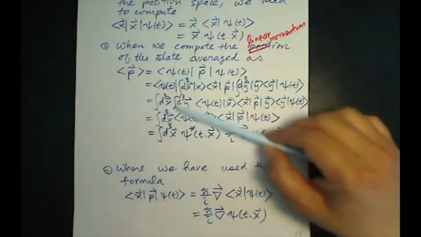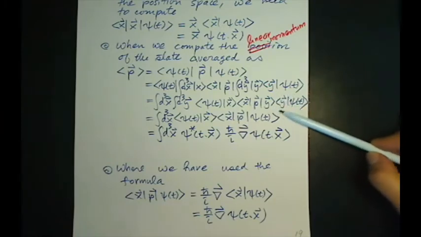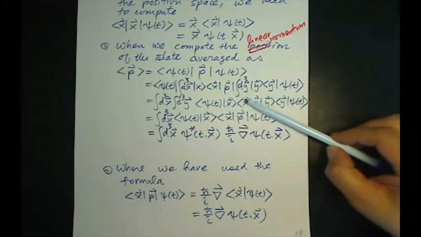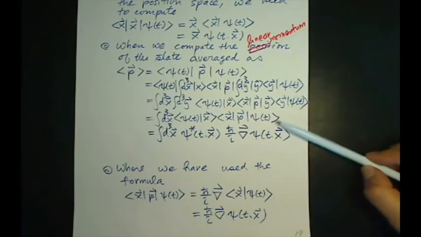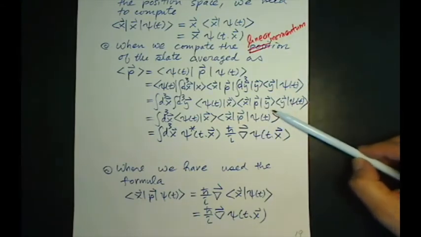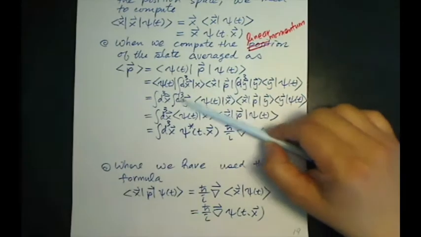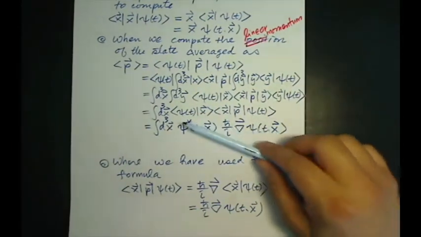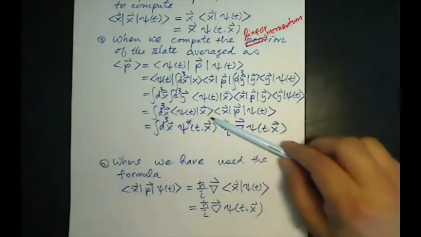We have two integrals over x and y, then the direct product appears. We do not need this, so just leave this one p and combine this with the integral over y. And then this is a complex conjugate of the wave function at time t.